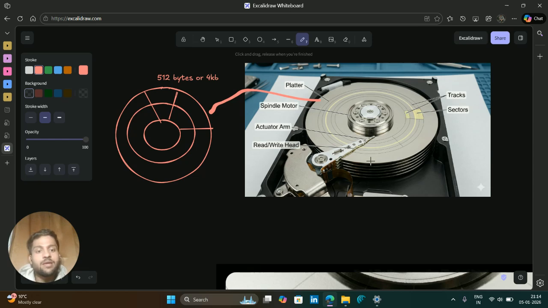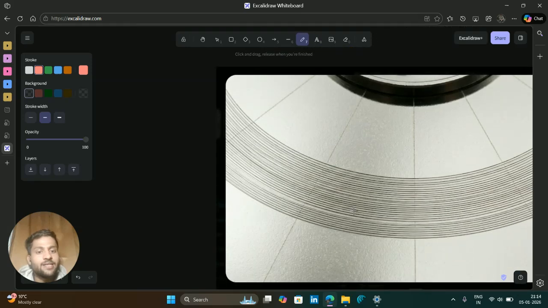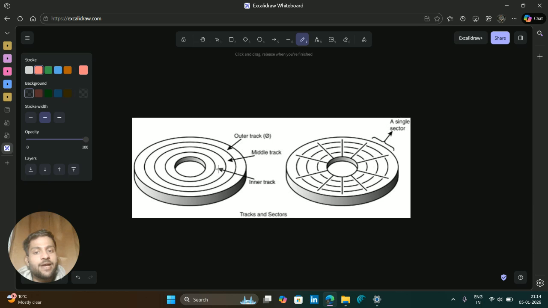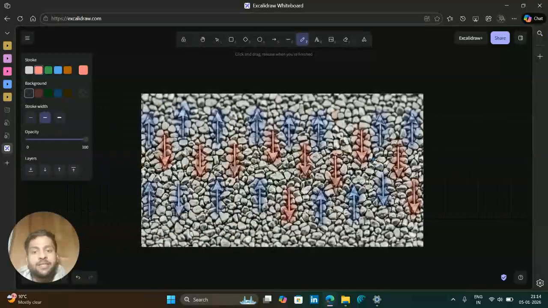Now if you see, these are the tracks. You can see properly here the middle track, outer track, and lower track, and these are further divided into sectors. This way the polarization is done, the magnetic field with a south and north pole.